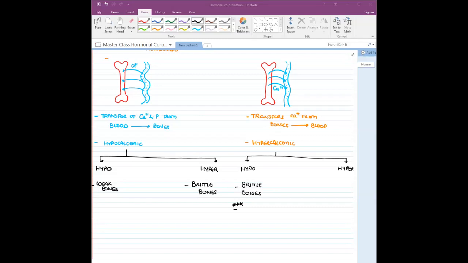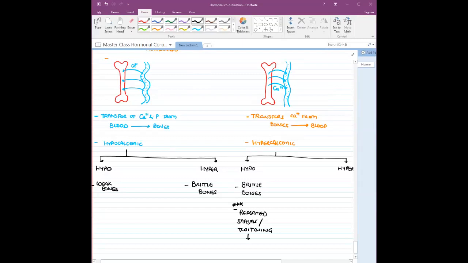If you have less calcium in the blood, there is not a sufficient amount of calcium ions to mask that actin myosin thing. And now what is going to happen? Immediately you are going to see repeated spasms, or you're going to call this twitching. And what is this called?